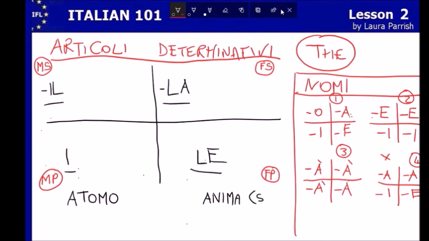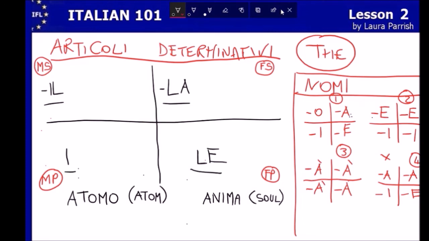Anima is soul. We go into spirituality today. Atomo instead, we stay in science. Atom is an atom, a particle of matter.